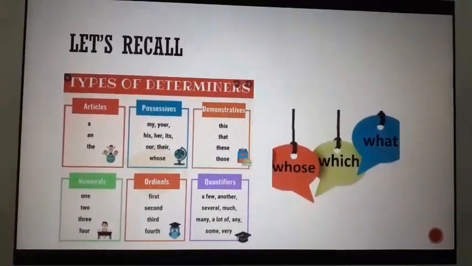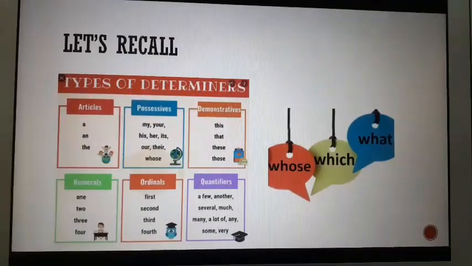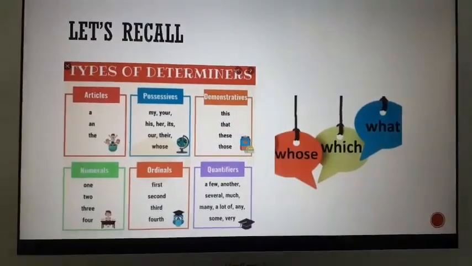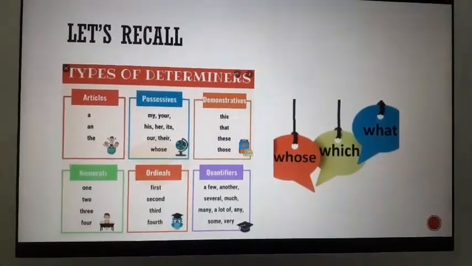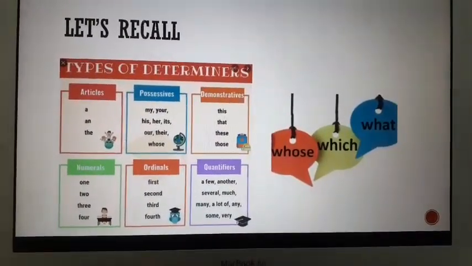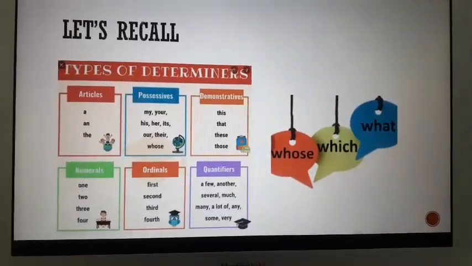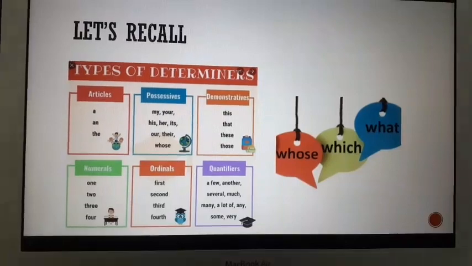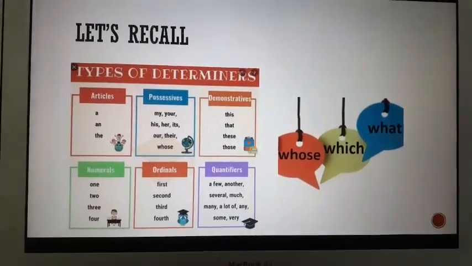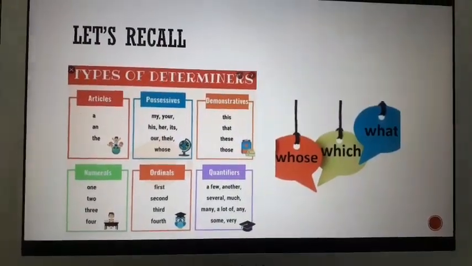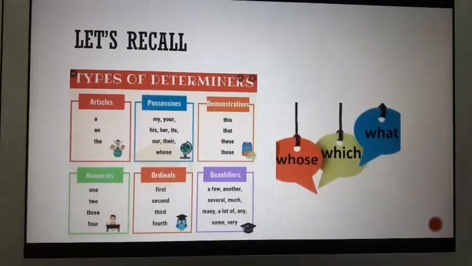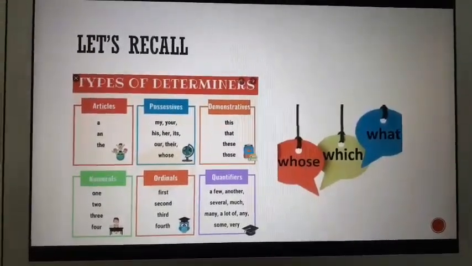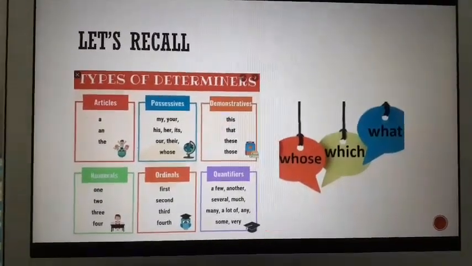Third is demonstrative. Demonstratives tell us about what things are, right? Demonstrating something, telling you about something. This, that, these, those. So please remember these words. Then come quantifiers. Quantifiers tell you about quantities: few, another, several, much, many, a lot. All these are your quantifier determiners.